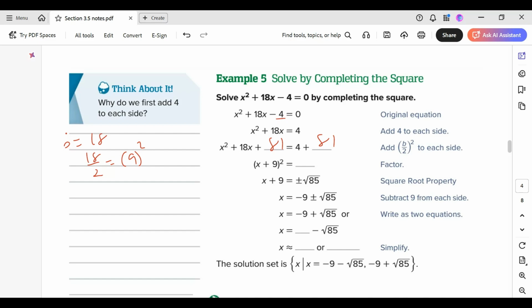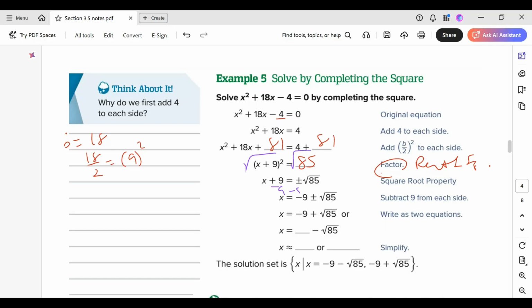Then we are applying the factor rule, or perfect squares. So we become x plus 9 squared equaling 85. We now take the square root of both sides. So we get x plus 9 equaling positive negative square root of 85. The square root of 85 is not a perfect square root, so we subtract our 9 over, so it's -9 plus and minus square root of 85.